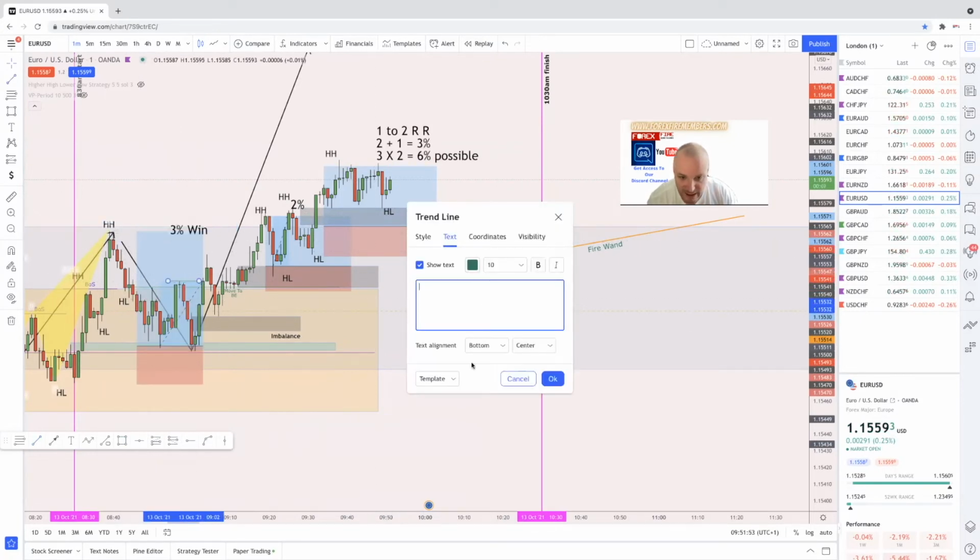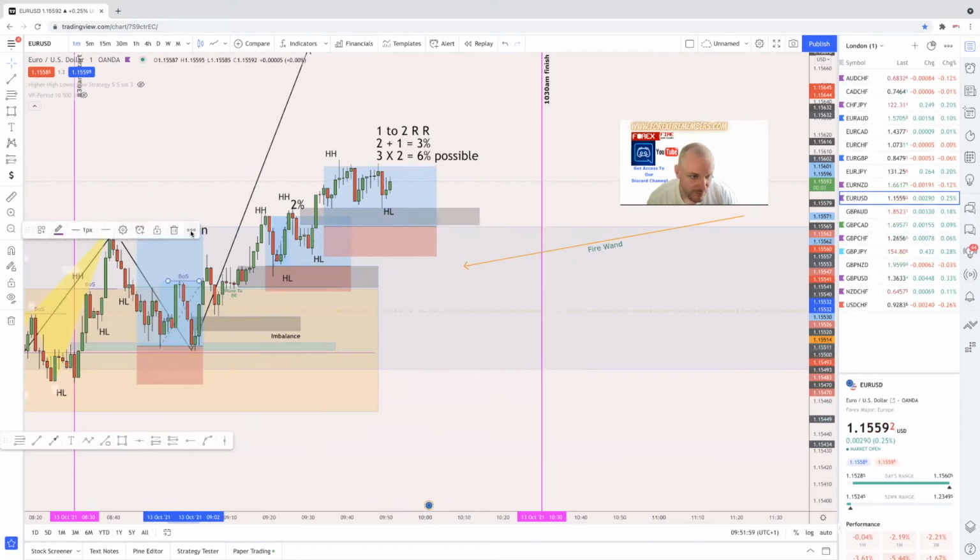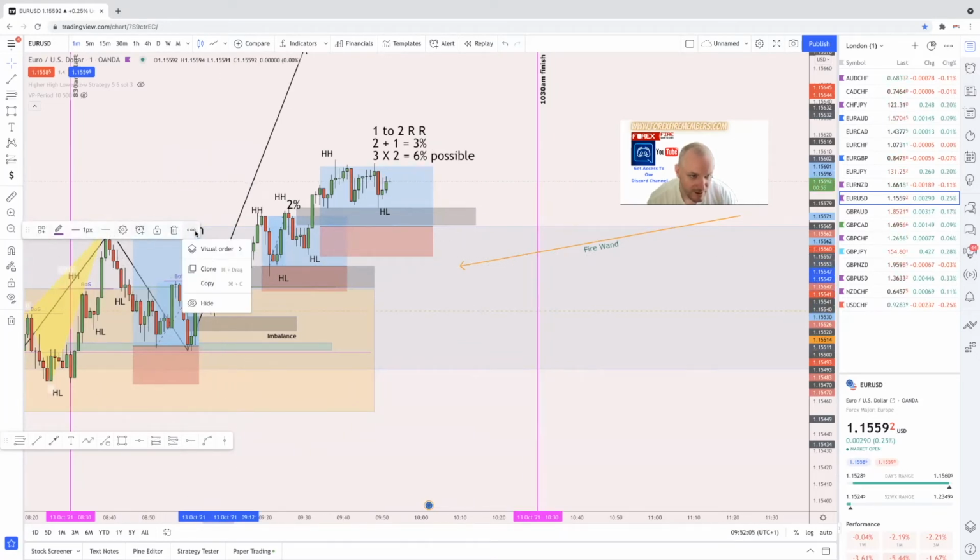So let's keep as is, break a structure. Clone, we've had break a structure there. Clone, had a break a structure there.